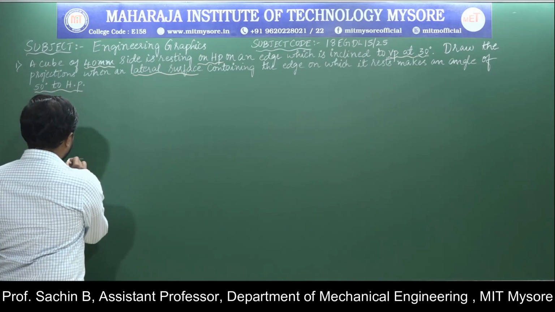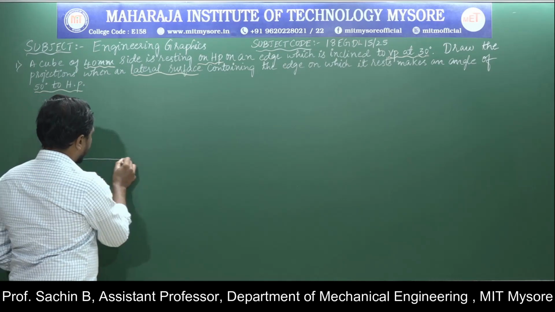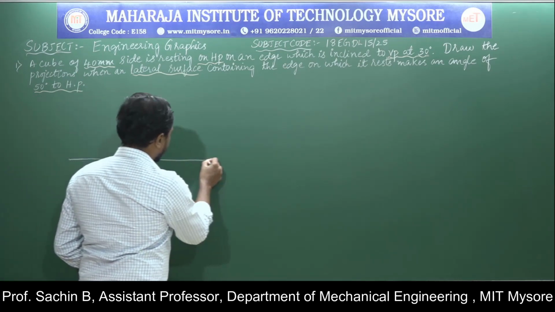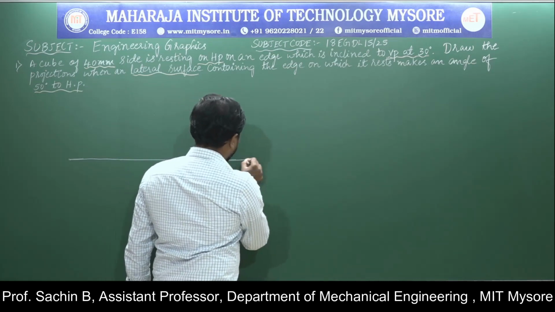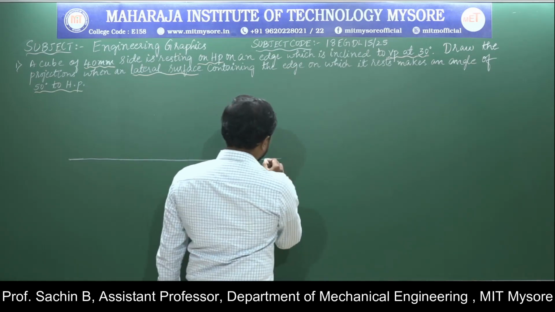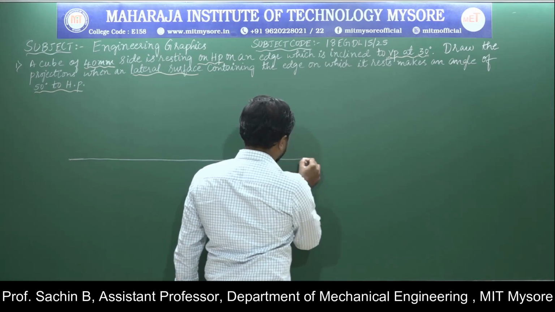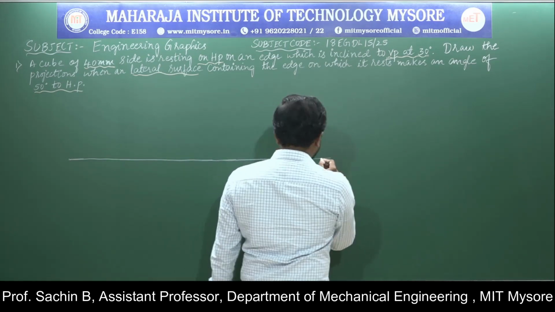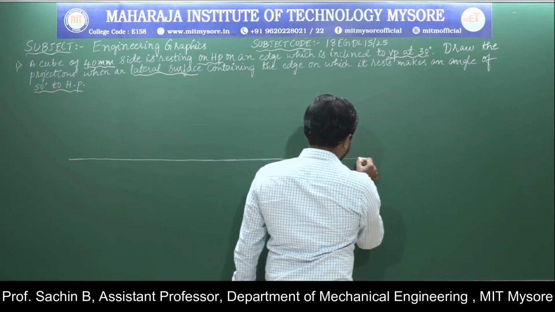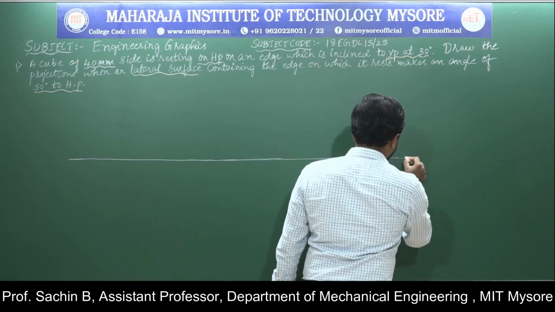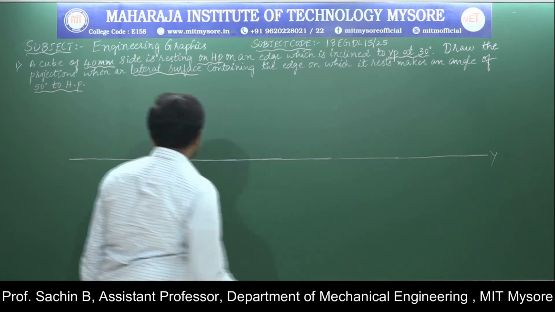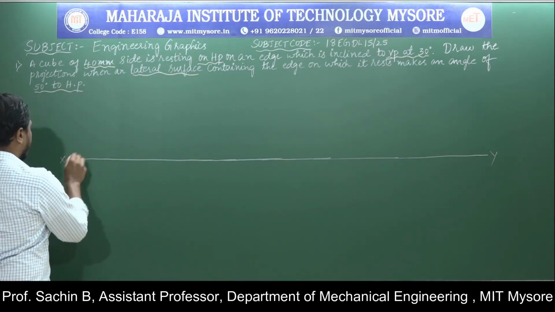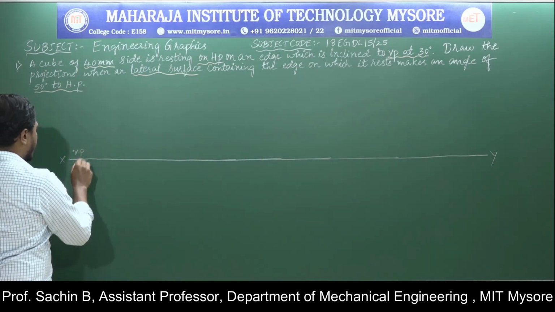I am drawing the axis line. Next, I will write X and Y, VP and HP.